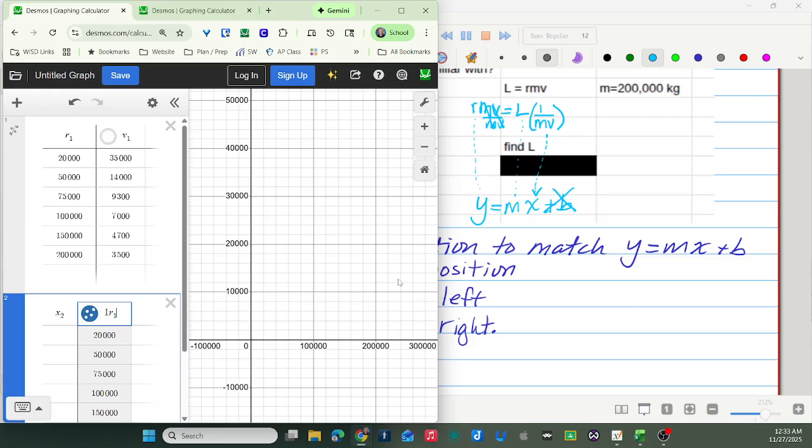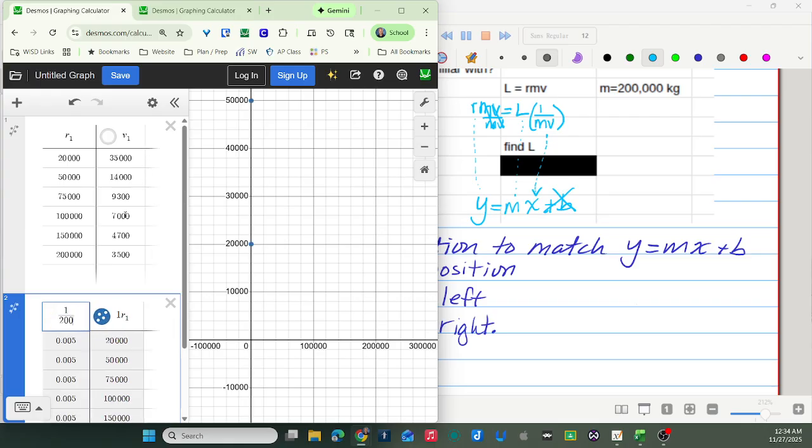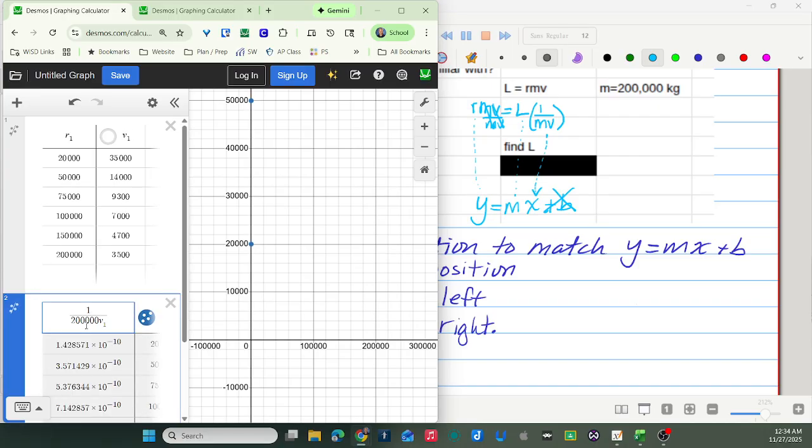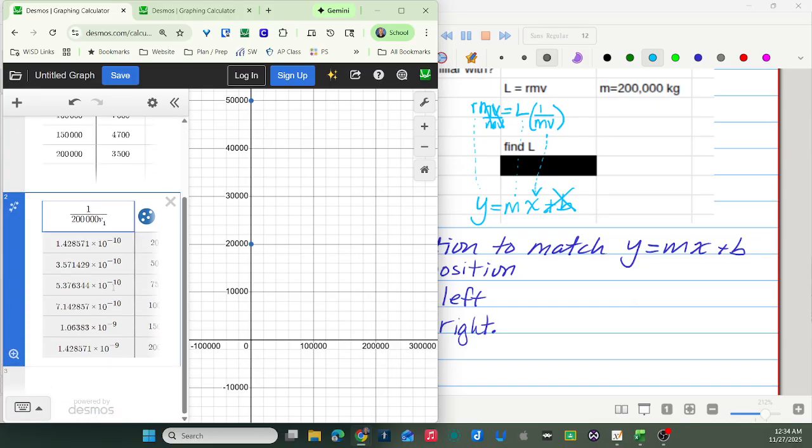Now the second column, which is going to be column X, should be 1 over mv. So I'm going to do 1 divided by the mass, which is 200,000, and then V1 right there. Okay, and that will work.